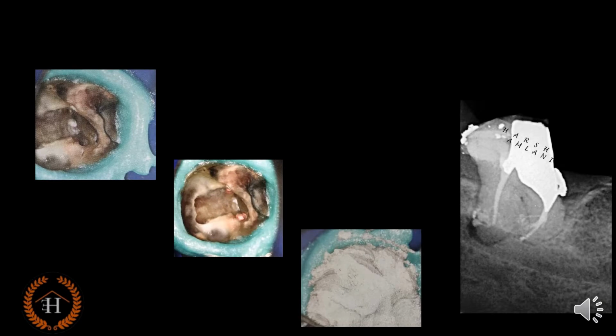So here, the same procedure was performed as described earlier. After caries excavation, a localized gingivectomy procedure was performed and good hemostasis was achieved. Thereafter, a layer of resin matrix, that is liquid dam, was applied all around the circumference of the tooth and light cured.